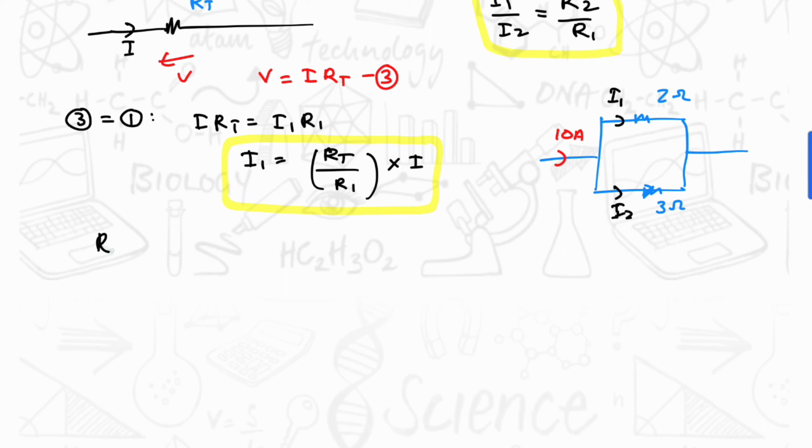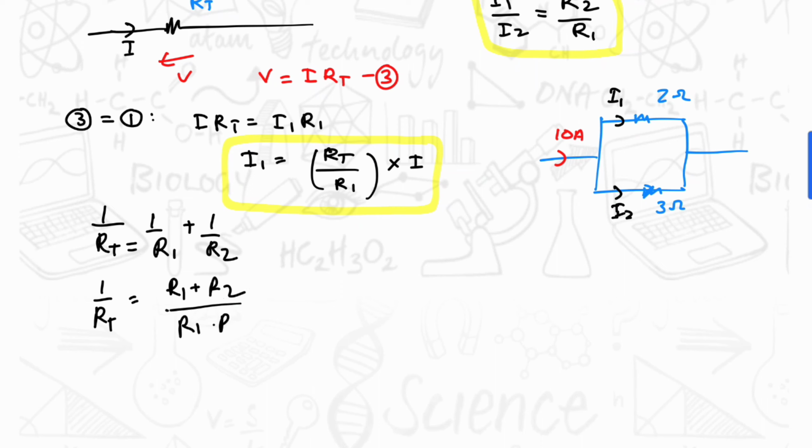And if we further simplify, RT will be equal to 1 over R1 plus 1 over R2. Then we get 1 over RT is equal to R1 plus R2 divided by R1 times R2. Then RT is equal to R2 R1 divided by R1 plus R2.